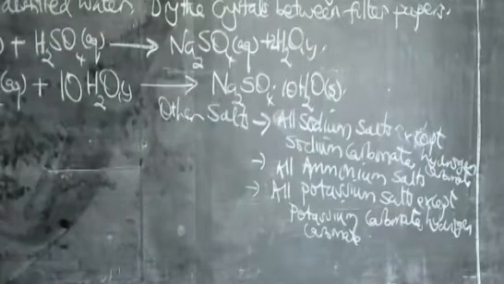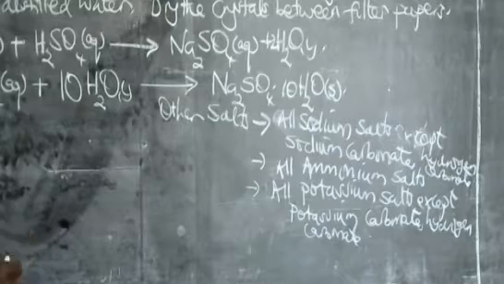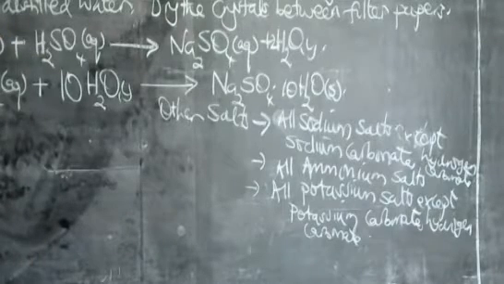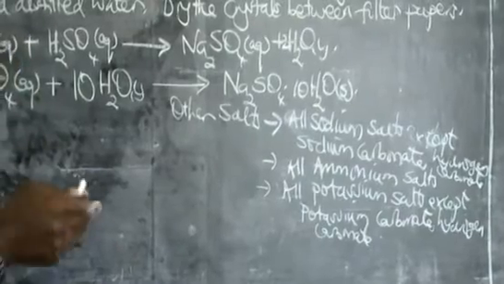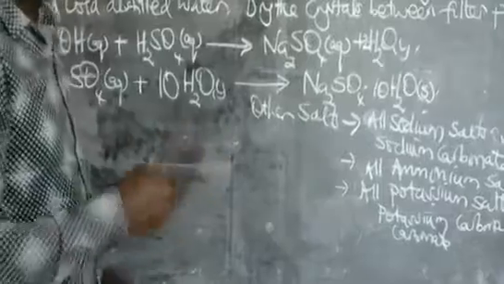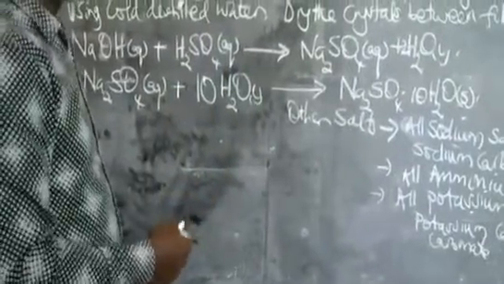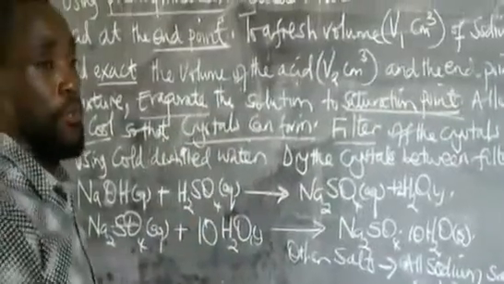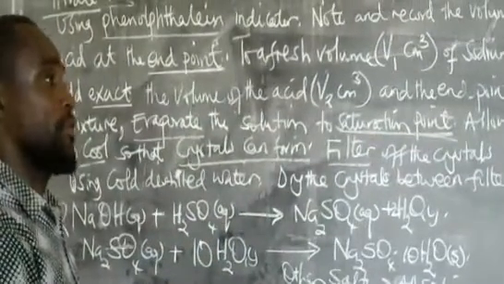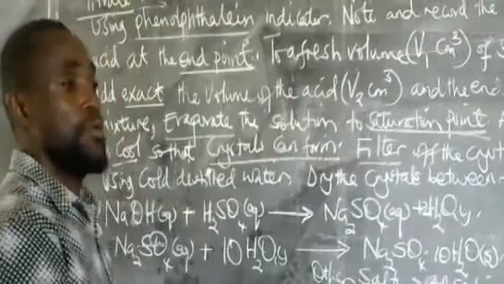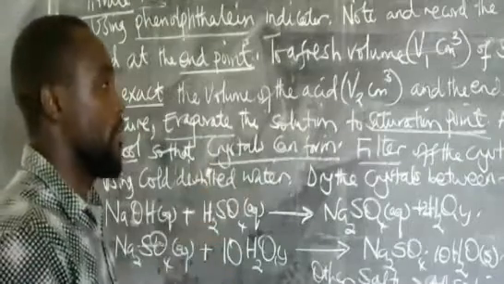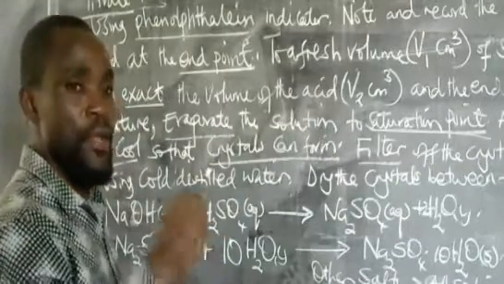Now this is a normal salt. But if it comes to an acid salt, remember we said that an acid salt is formed when part of the hydrogen ions of the acid have been replaced by a metallic ion or an ammonium radical. So if you are preparing an acid salt, you must make sure that it has hydrogen ions or hydrogen atoms in its molecules.